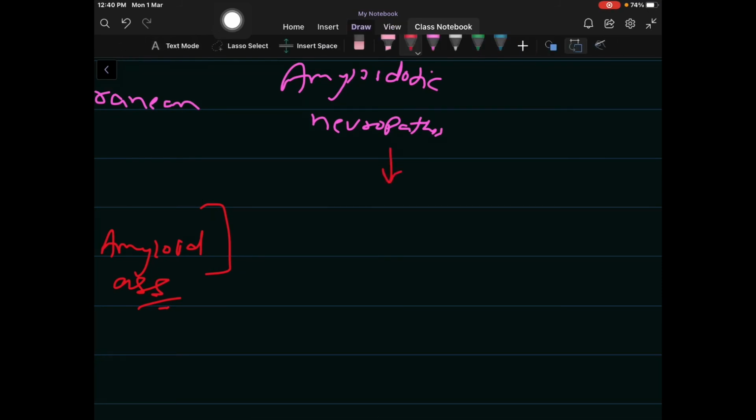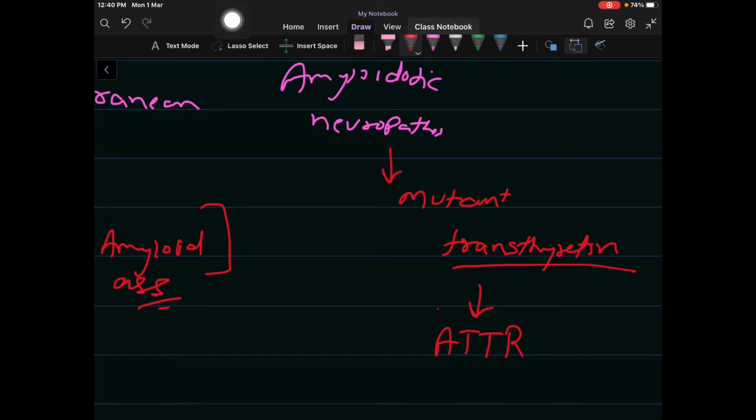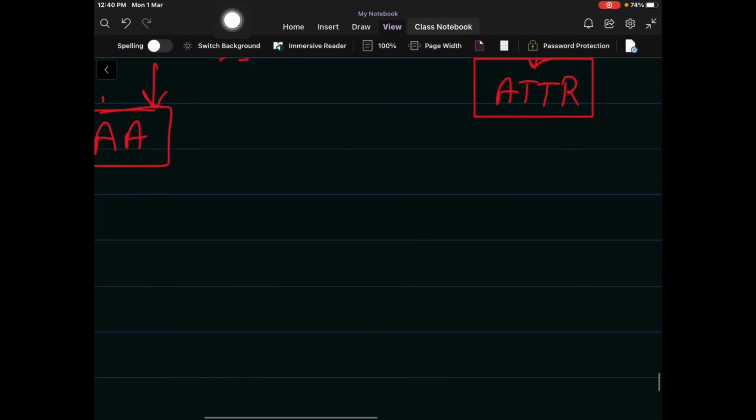And in these amyloid neuropathies, the precursor protein is mutant transthyretin. As we know, transthyretin is involved in the transport of thyroxine and retinol. Hence, the major fibrillar part here will be ATTR. A is the amyloid, TTR is the transthyretin part.